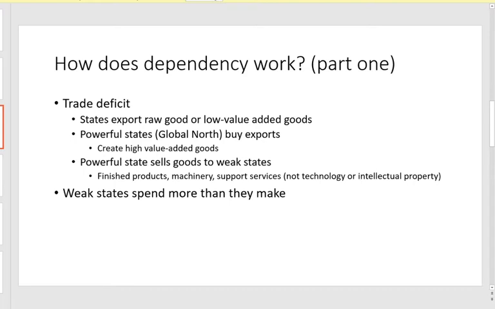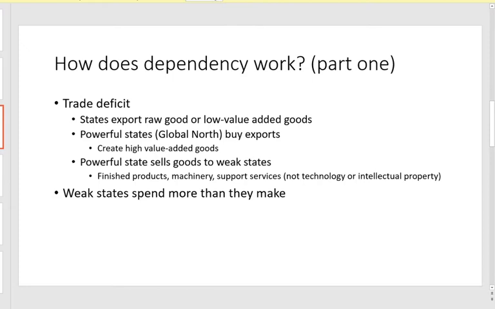Essentially, powerful states can sell you high value added goods, even though they're selling them in smaller quantities, but they have so much value added that the amount of wealth it takes to buy those high value goods is pushing wealth in the direction of the powerful state. So instead of your state making money through trade, it's losing money through trade, and that wealth is being extracted and put into a powerful state.